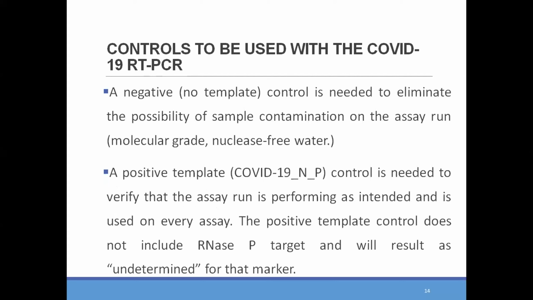So usually we use nuclease-free water. Then we have to use a positive template in order to determine whether our assay is performing as intended. We can get a positive control sample, but usually the positive control doesn't have this RNase P target.